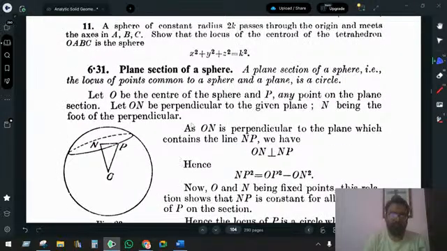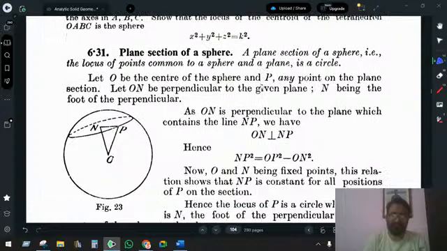For the 6.3.1, plane section of sphere is a locus of points common to the sphere and a plane. It is a circle. Sphere is not solid. There is a vacuous place. It's empty inside. Okay, it's hollow.